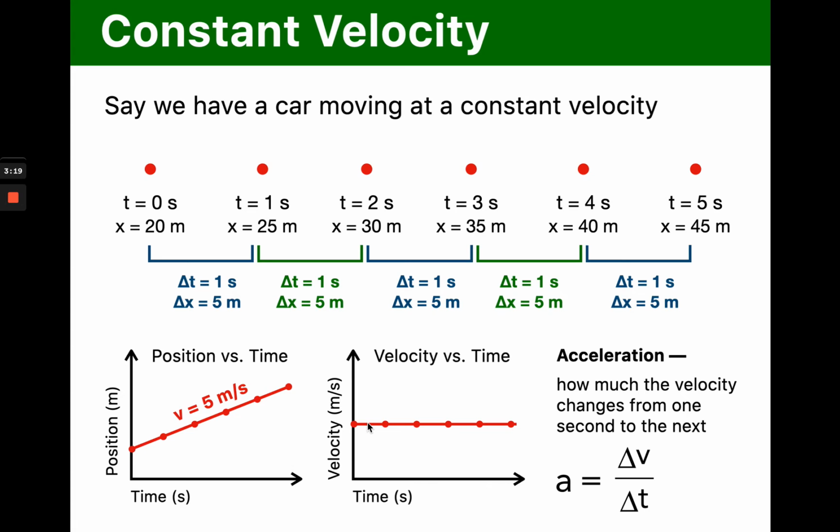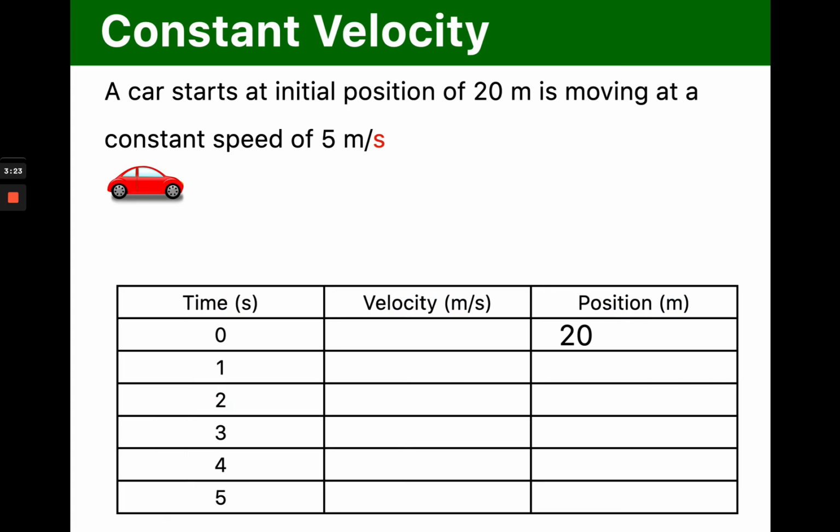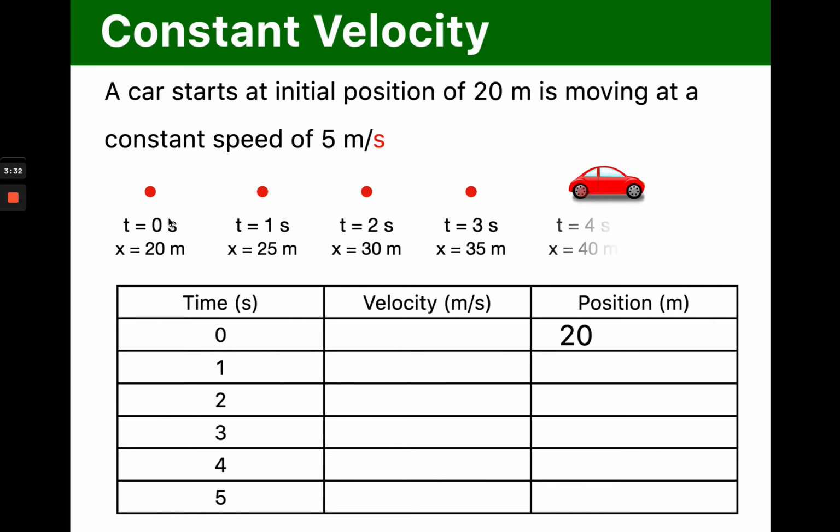Okay. I always find it useful to look at it in table form because you can really see the nature of the numbers in table form. So again, the car is moving at a constant velocity. Every second, it's gaining the same amount of position. So let's look at the velocity. If it's moving at a constant velocity, the velocity is 5, 5, 5, 5, 5.